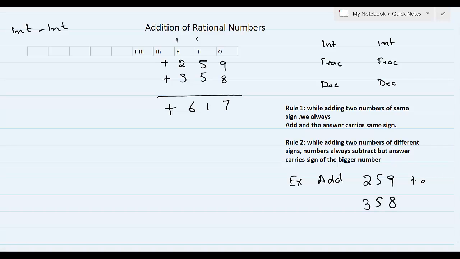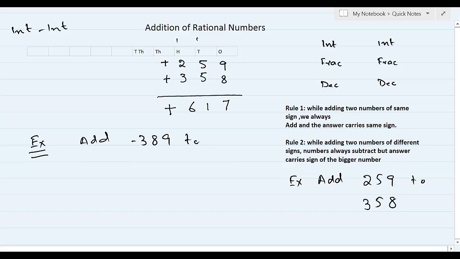Let's take another example. In this example, the second number will become negative. Let's add minus 389 to 1476. One number right now is positive because there is no sign with 1476.